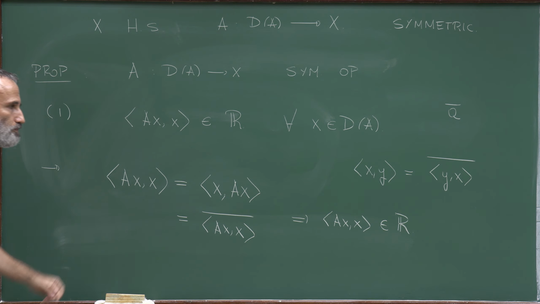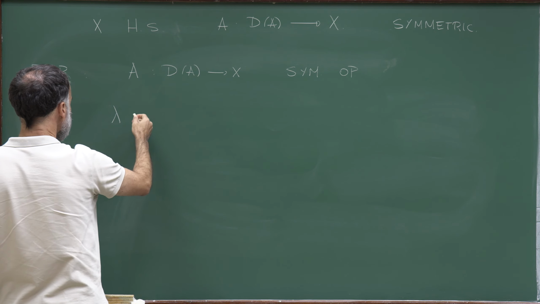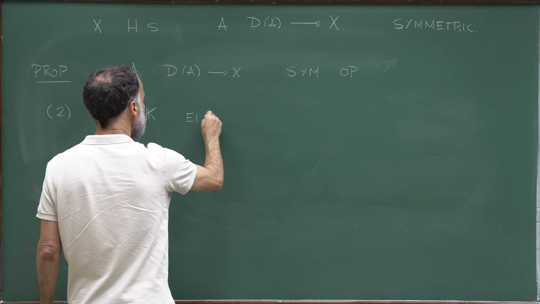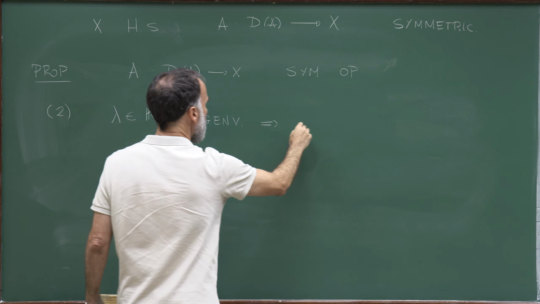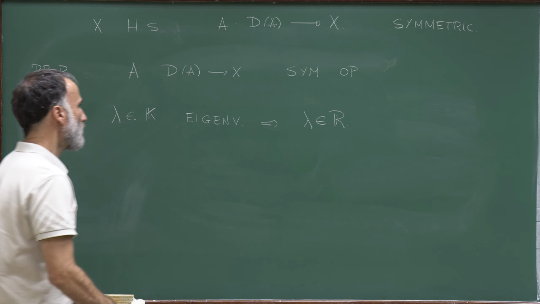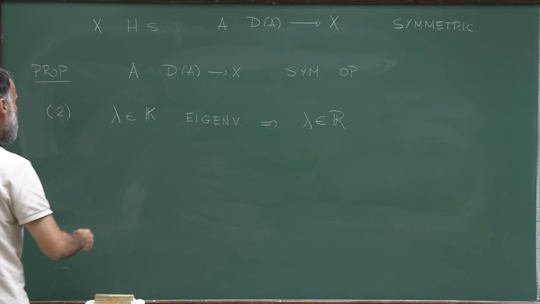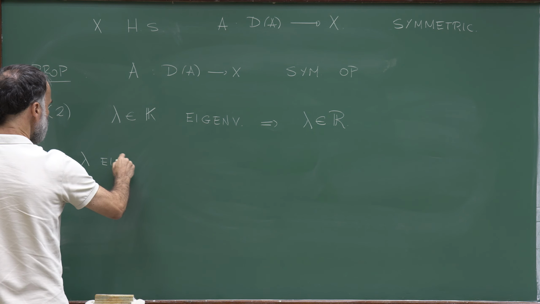as I claimed. So my second claim is that if you take lambda in K an eigenvalue, then actually lambda is a real number. Well, the proof of this claim is also straightforward. So let me take lambda an eigenvalue.